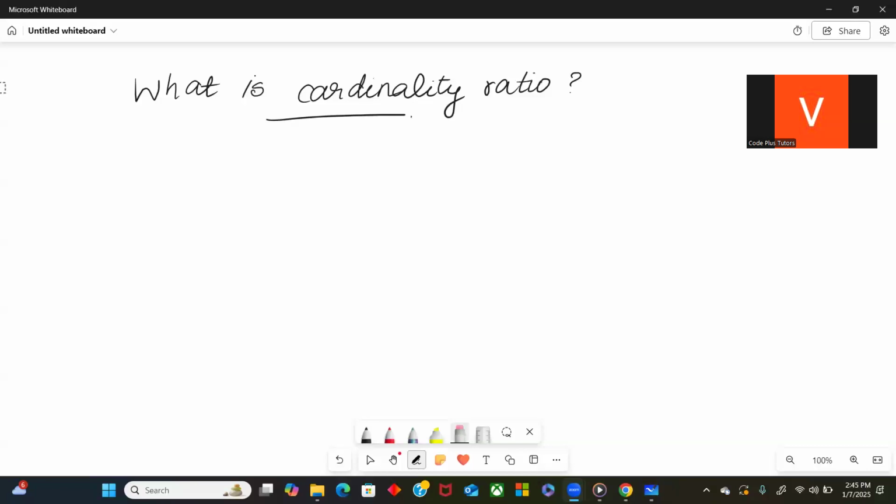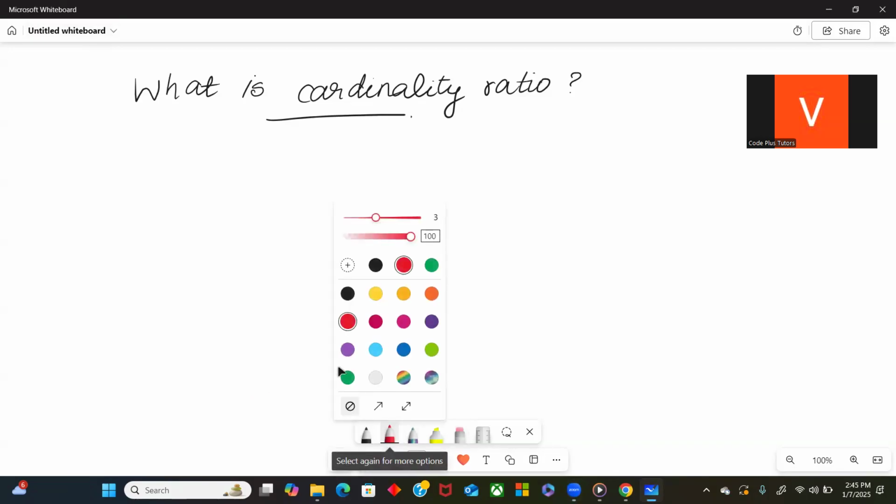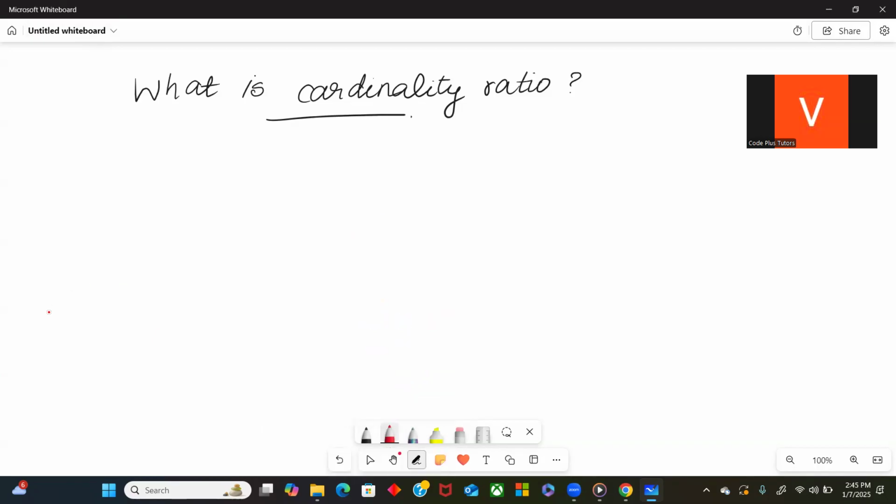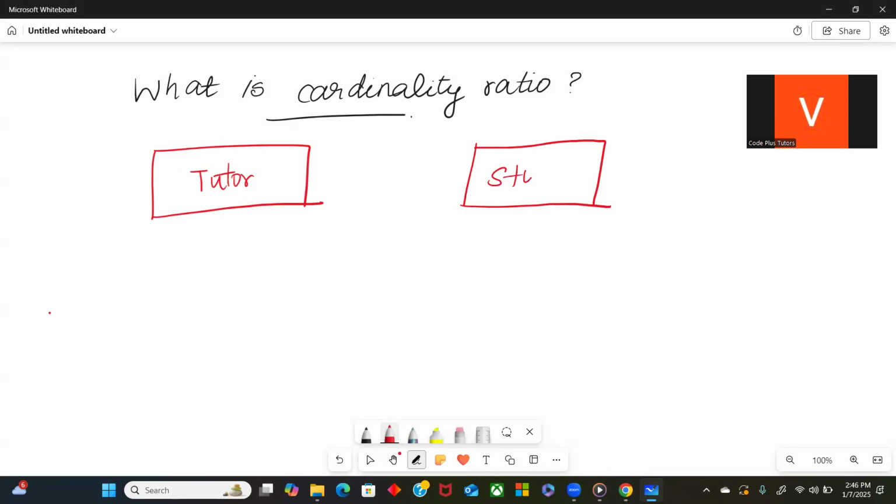Now I have cleared the board. So now let us talk about the minimum and maximum in cardinality ratio. Let us take the same first example that we discussed before, between tutor and student.